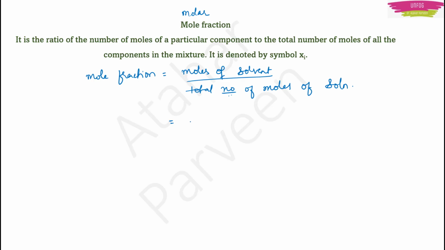So moles of solvent, I can write it as, see here, this mole fraction is denoted by Xi. Now moles of solvent, I can write it as Ni maybe. And total number of moles, I will write it as N total.